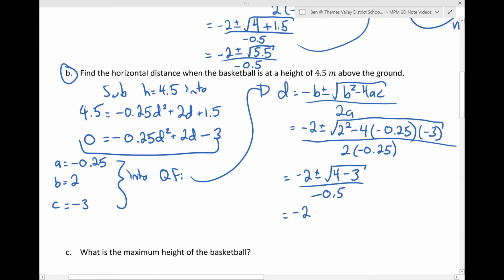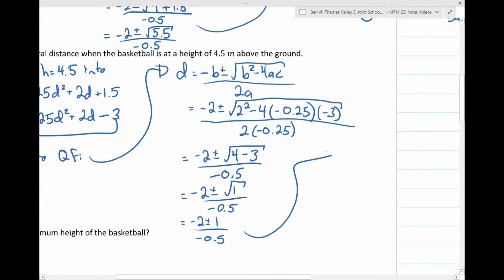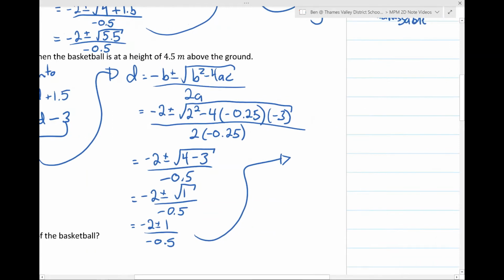Even further, negative 2 plus or minus the square root of 1, divided by negative 0.5. Now we need to ask ourselves, what is the square root of 1? That is something squared that could equal 1. That's nice and easy. The square root of 1 just equals 1 itself. So negative 2 plus or minus 1 divided by negative 0.5. And that's great.